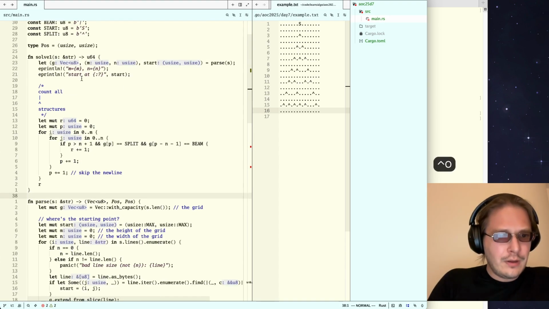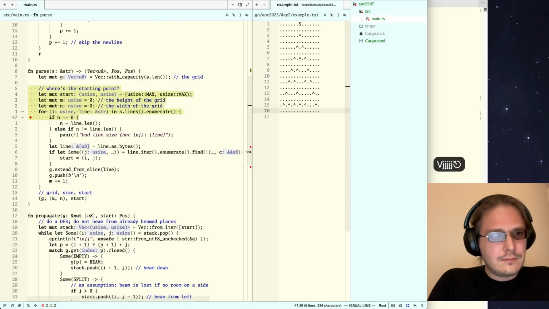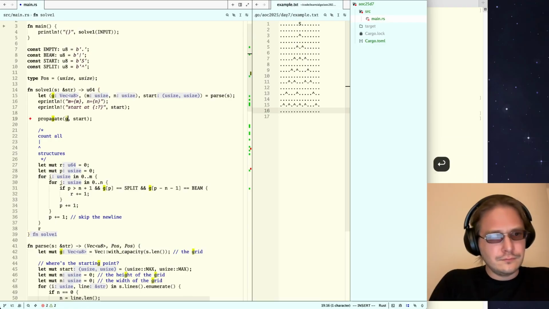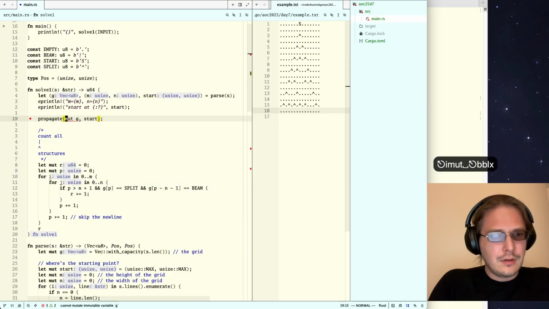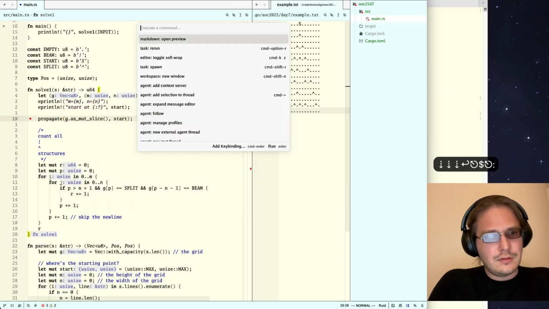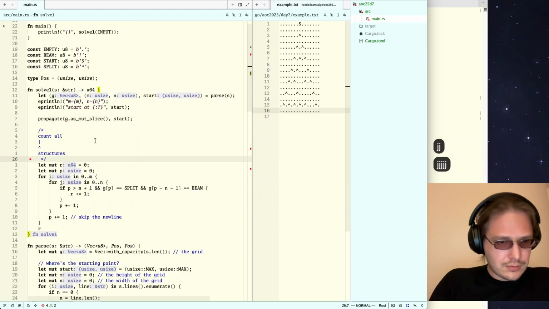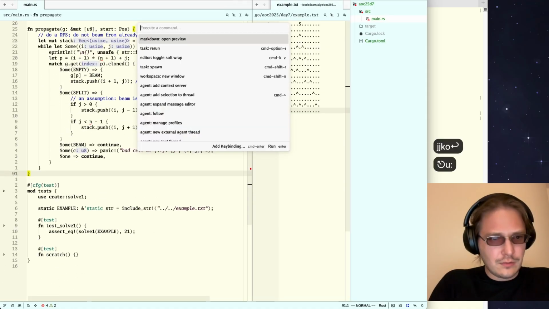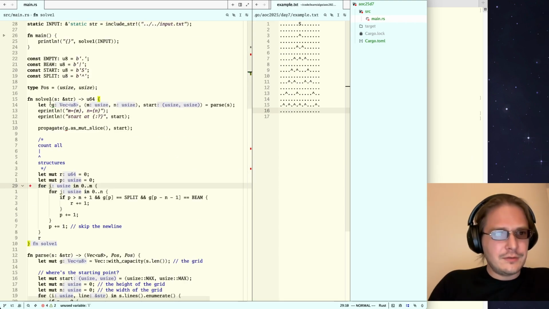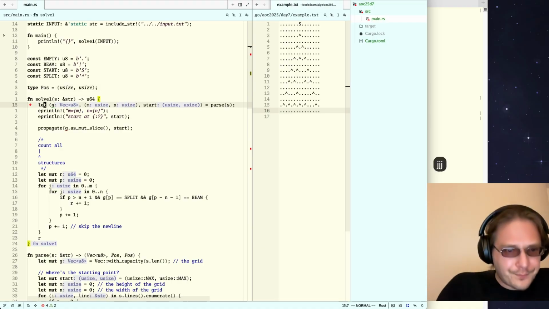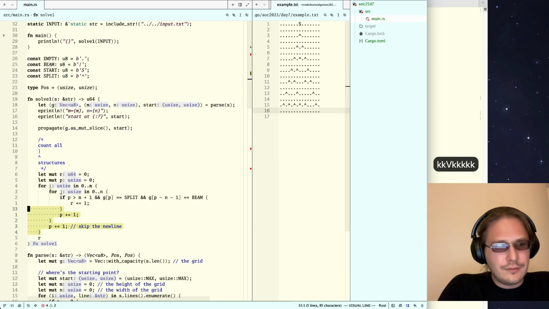Yes, I think so. Now let's say that propagate takes a mutable reference to a grid, as a mutable slice, right? Yes. And count. Let's change this. It's specific to this. So there is no point in actually doing this and separating this into a helper.